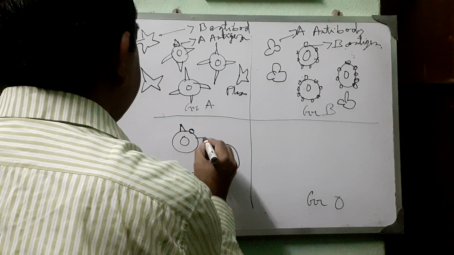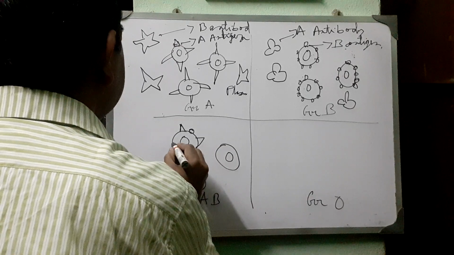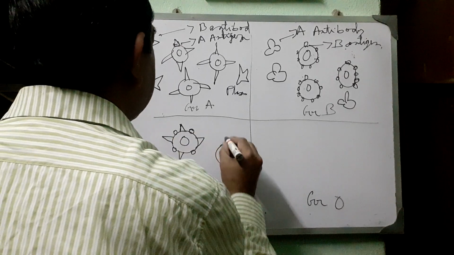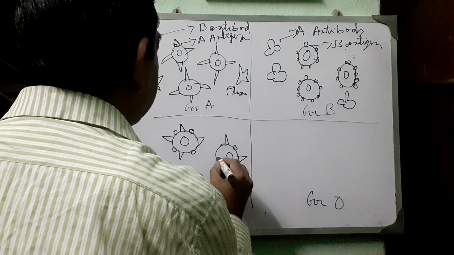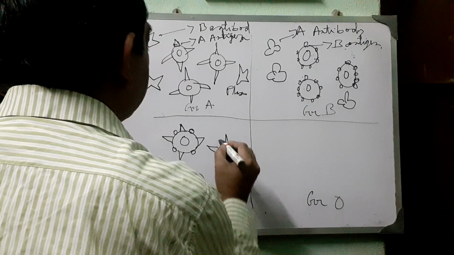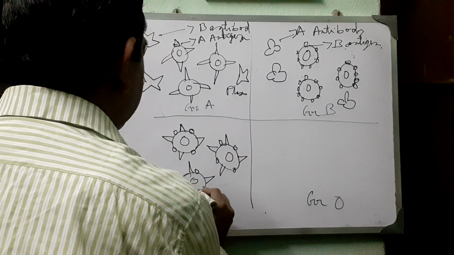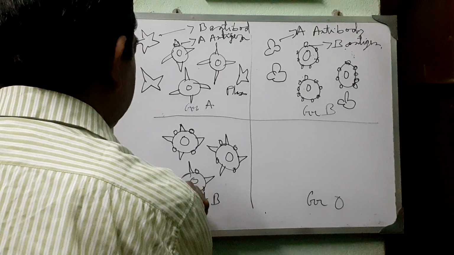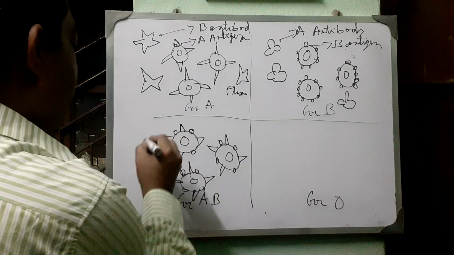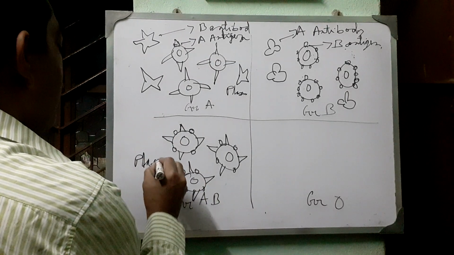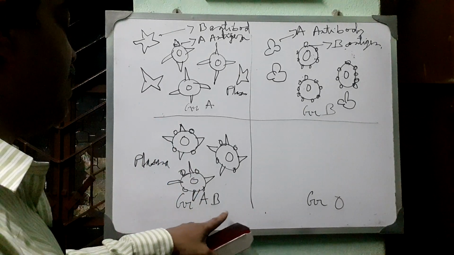And in plasma there will be no antibodies in case of group AB blood.